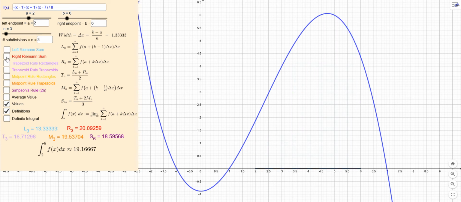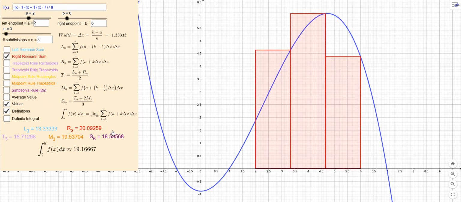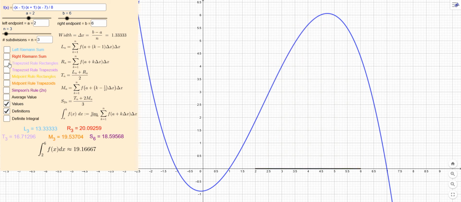We have right 3, which is 3 rectangles, that's about 20.09 in area. We have trapezoid 3, which is either those rectangles or those trapezoids, for an area of 16.7. We have midpoint 3, for an area of about 19.5.